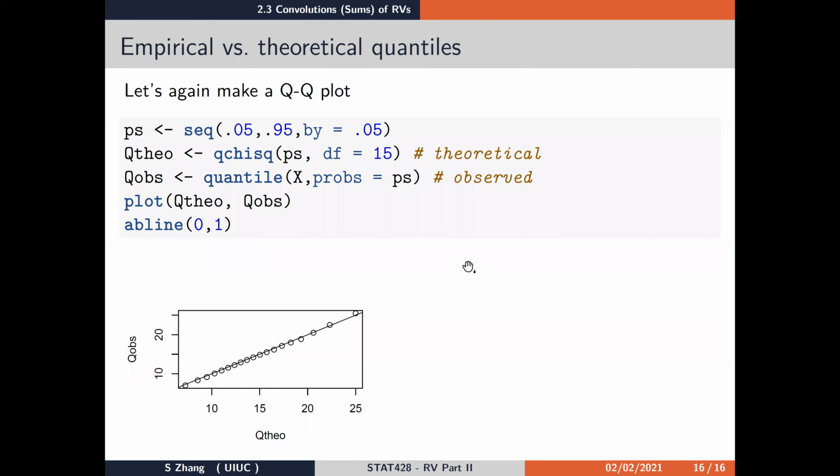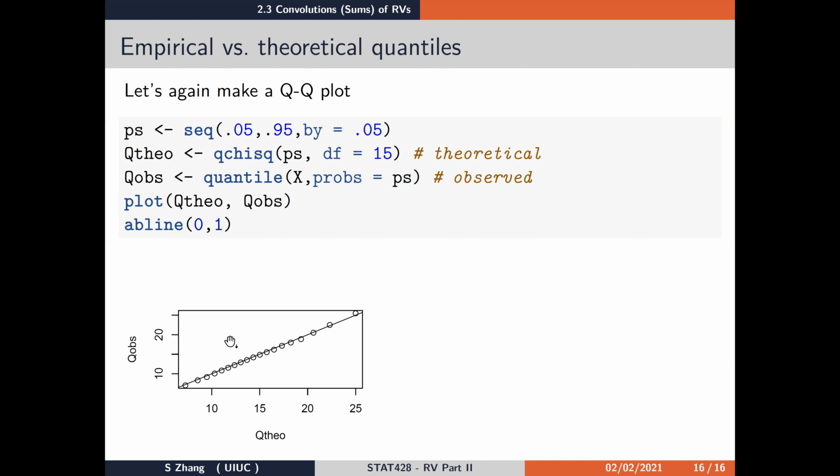Let's again try to verify this by looking at the QQ plot. Like before, we first calculate the theoretical quantiles. So this time we use the qchisq built-in function with 15 degrees of freedom. And then the observed ones, which we can get from our x samples, that is obtained from row sum of Z squared. And we can create a plot where the x-axis is the theoretical quantiles and the y-axis are the observed quantiles.